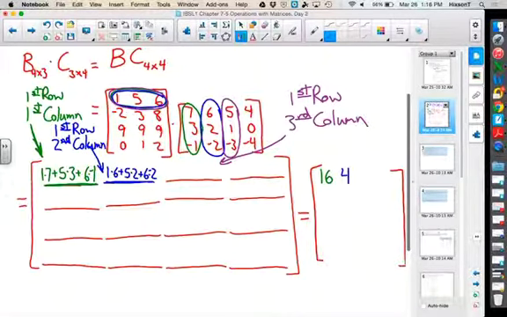Okay? So I have a 1 times 5 plus 5 times 1 plus 6 times negative 3. 5 and 5 is 10, minus 18 is a negative 8. Okay?